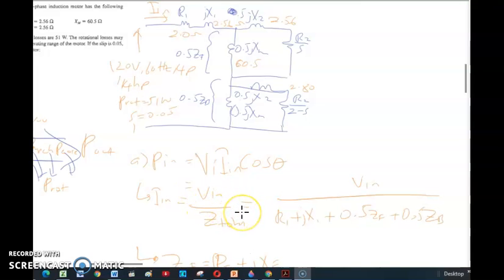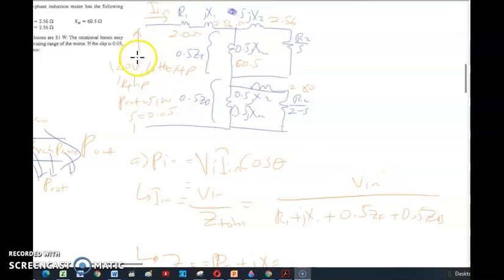But here we are given the details as individual impedances, in terms of R1, R2 and the magnetizing impedance. So P in is V in times I in cos theta, and I in is V in divided by the total impedance.